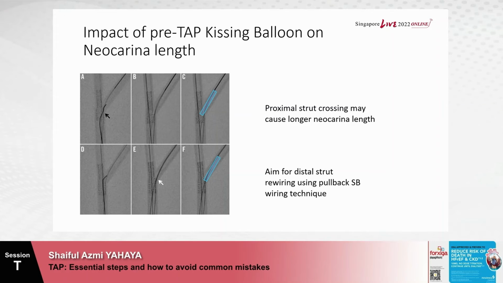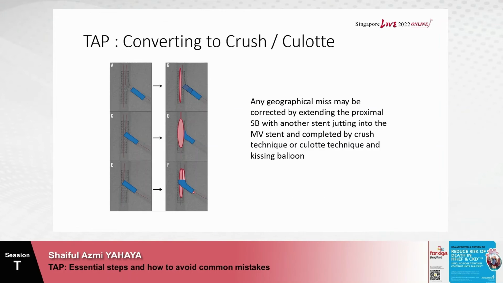If you can see here in panel C, the side branch stent is jutting out a lot more compared to the side branch in panel F. So by doing a distal rewiring technique, you may be able to avoid too much neocarina in the main vessel.